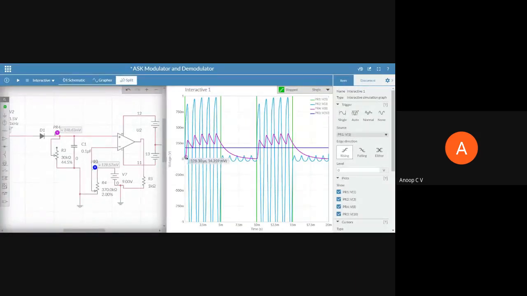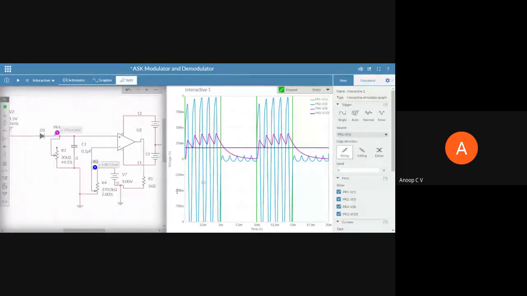So what happens is you can see from this point to this point in time, this non-inverting input is greater than the inverting input. So we will get a plus VSAT. And from this point till this point, non-inverting is less than inverting, so we'll get a minus VSAT.